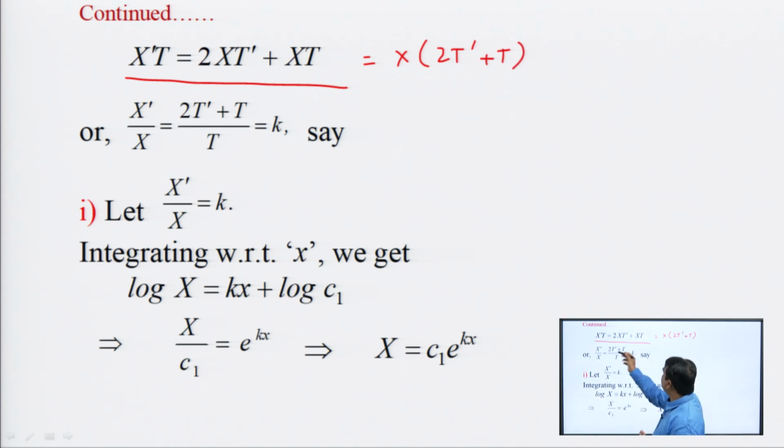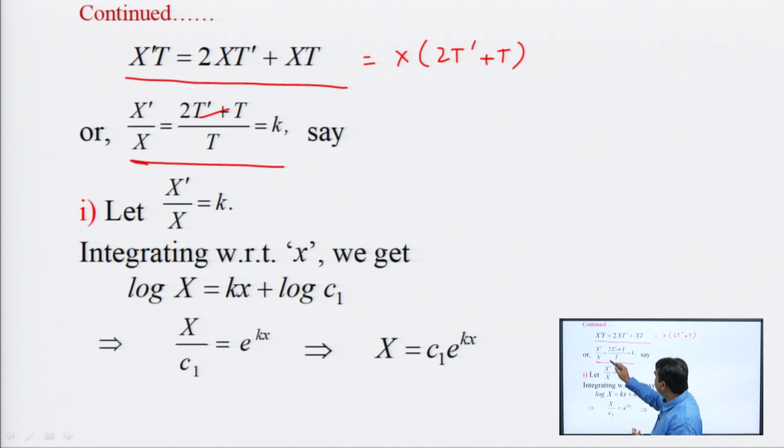When we divide by X and by T, we get X dash by X is equal to (2 T dash plus T) by T, and this is equal to a constant k.